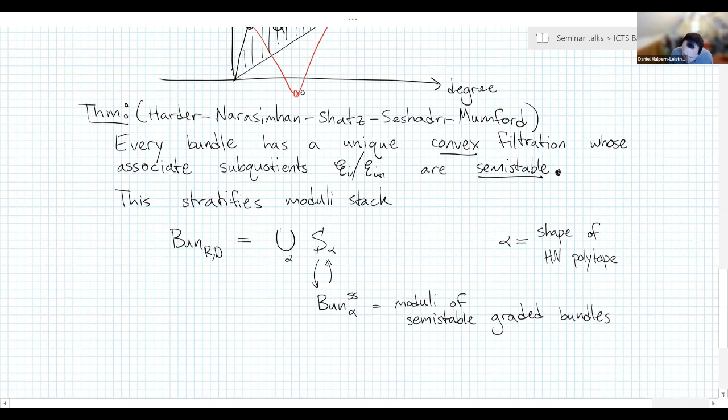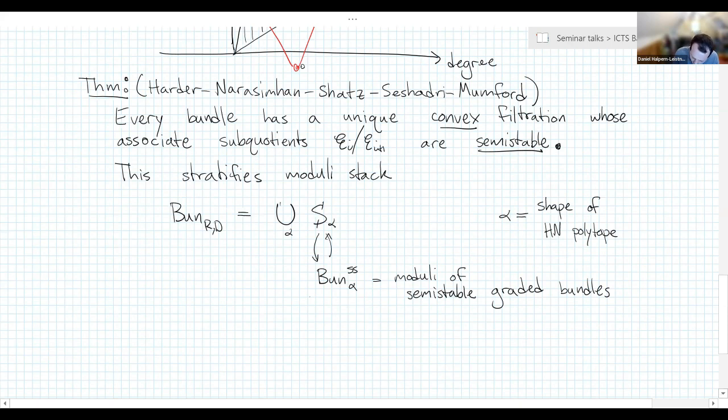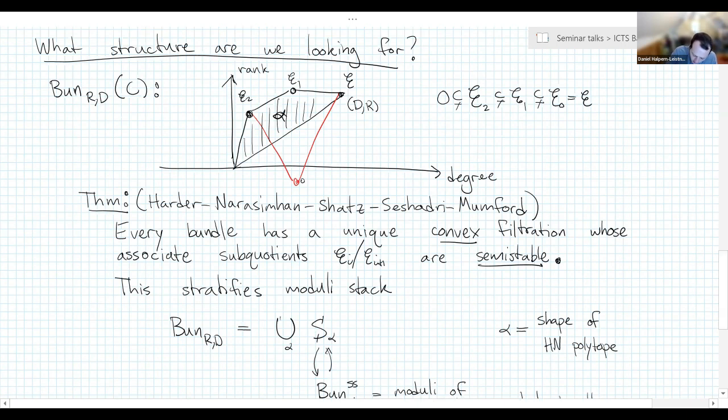So the fact that you get this stratification is what's due to Schatz. In other words, Bun alpha semi-stable, if alpha is this polytope, would parameterize triples, in this example, of vector bundles, namely E2, E1 mod E2, and E0 mod E1.